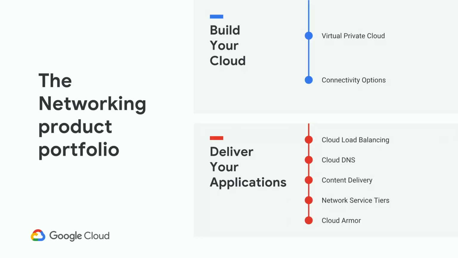It allows you to construct your cloud connecting to your own data centers, on-prem or other public clouds, and it also lets you build your private topology on the cloud. And of course, a fundamental part of it is VPC. The other bucket is deliver your applications, which includes load balancer, DNS, content delivery, network tiers, Cloud Armor.